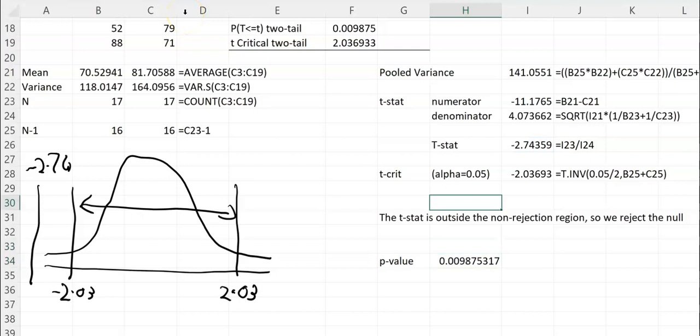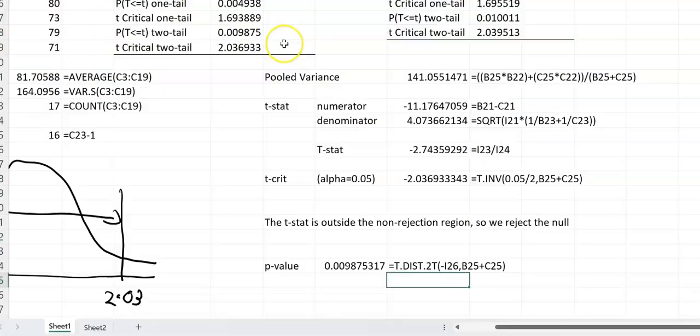So we get 0.0098. Notice I put a negative value in front of the t-stat so that this becomes a positive, and Excel needs a positive t-value in order to calculate the p-values.